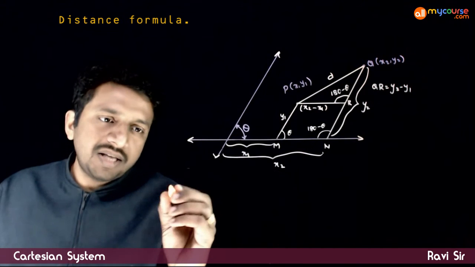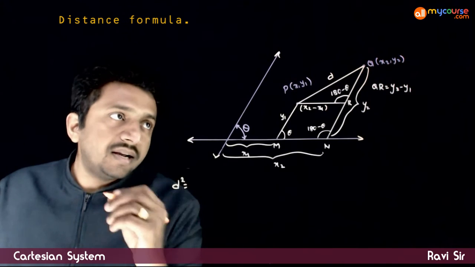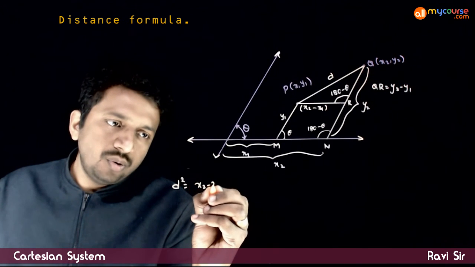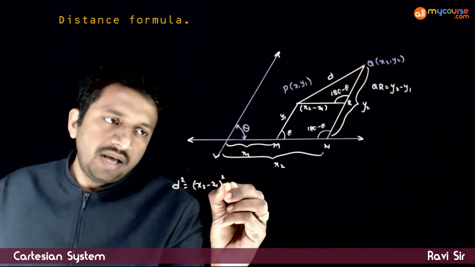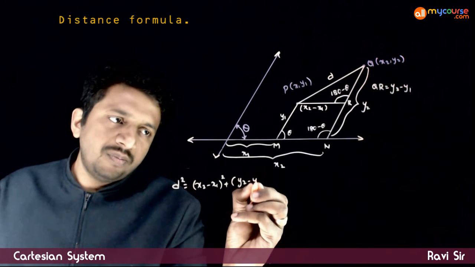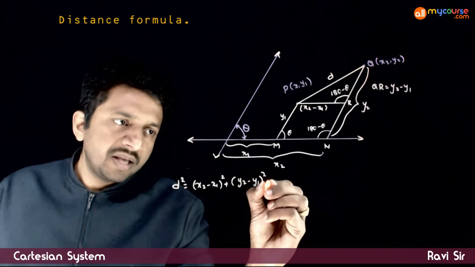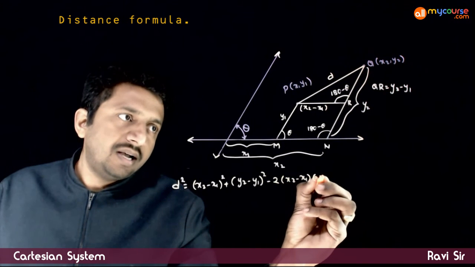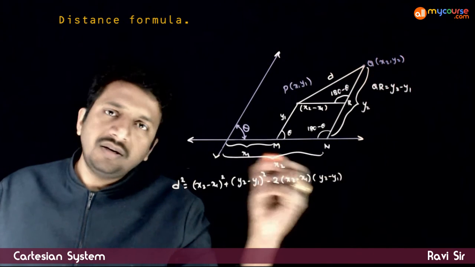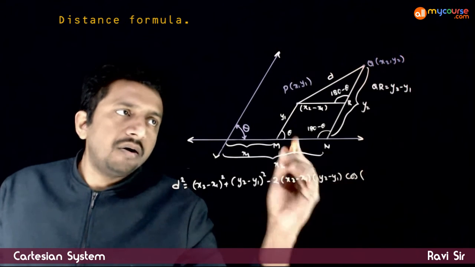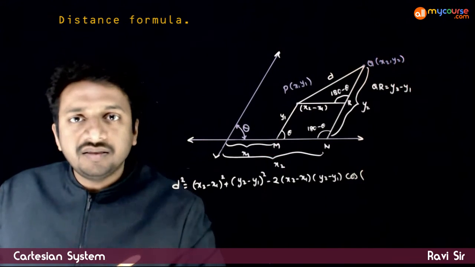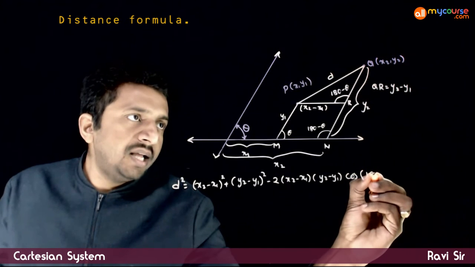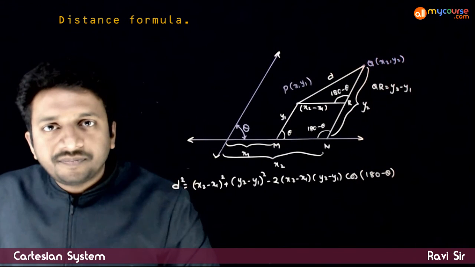So now, using the cosine rule, d square is equal to (x2 minus x1) whole square plus (y2 minus y1) whole square minus 2 times (x2 minus x1) times (y2 minus y1) into cos of the angle between these two sides, 180 minus theta.